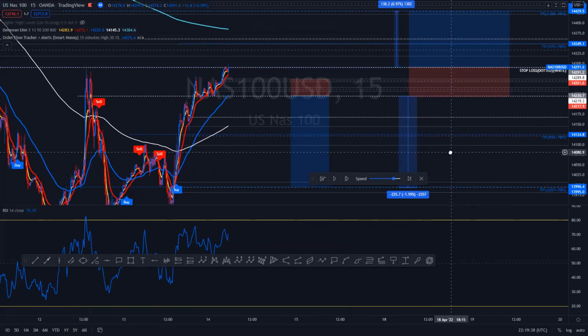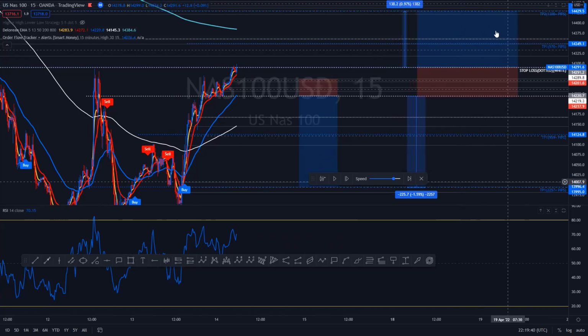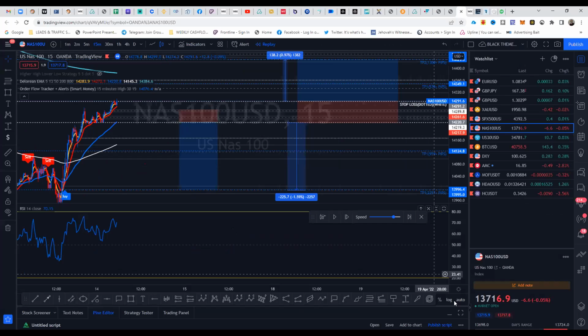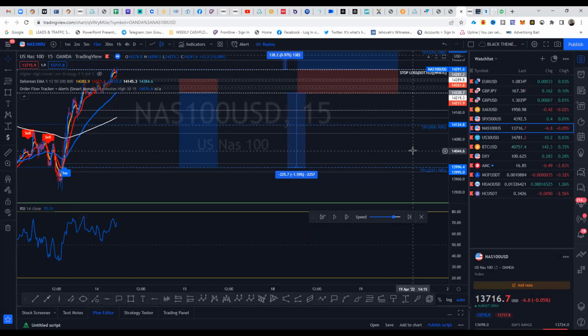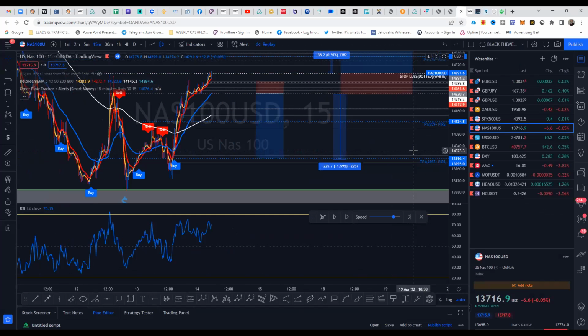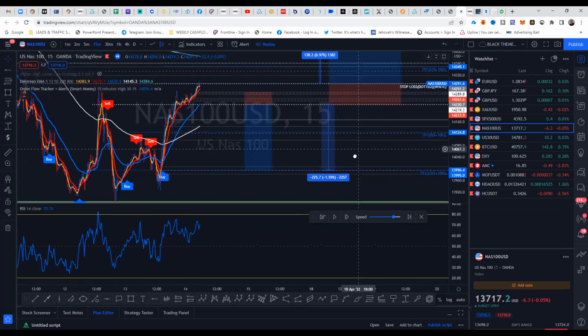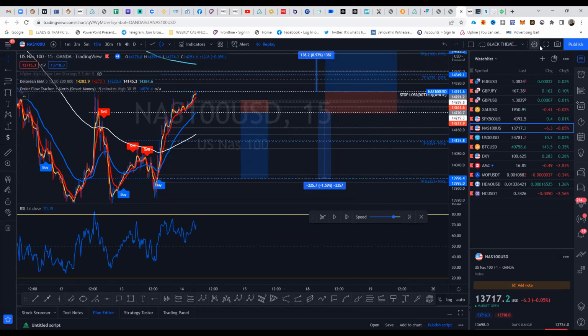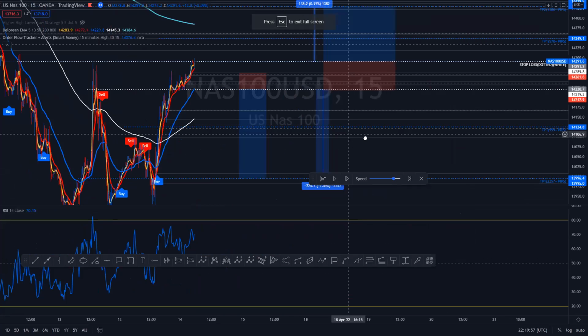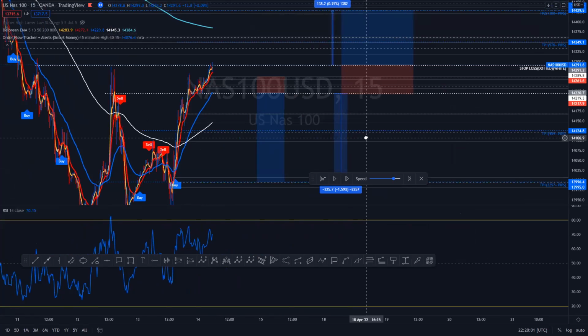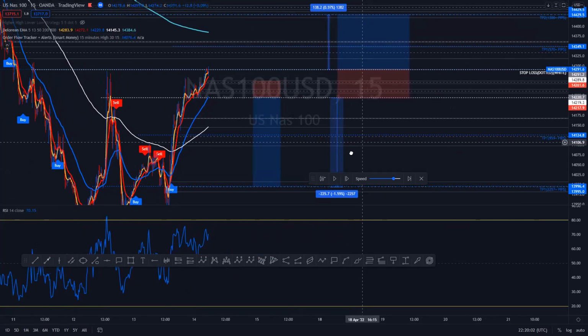There we go. Let me fit it to screen again. There we go. So we can kind of see the whole screen here and what price is going to do.